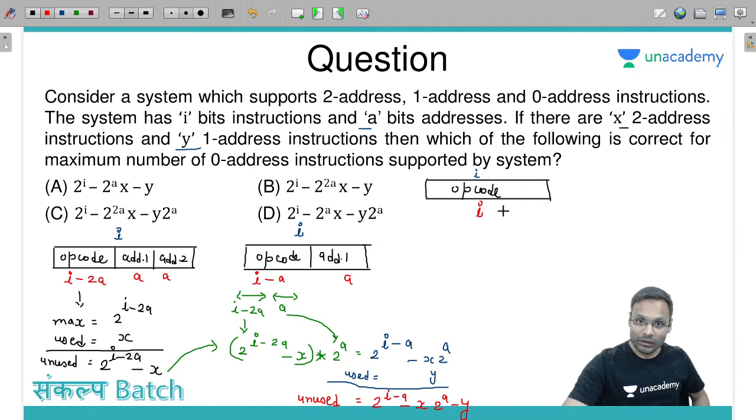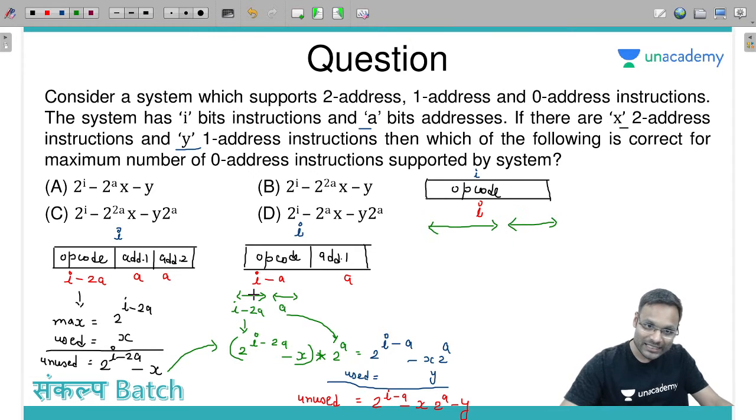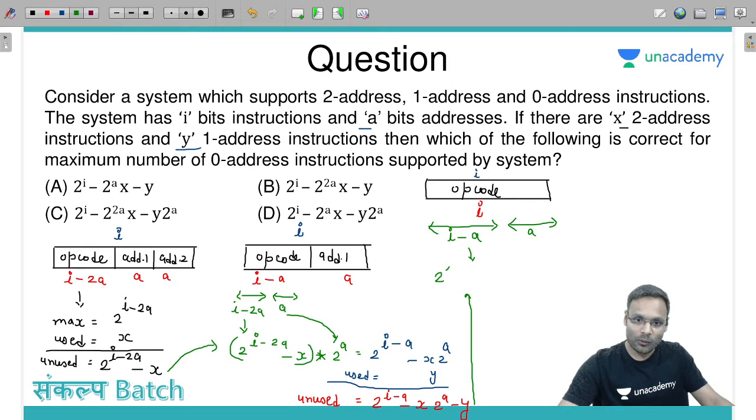Now these unused we will be using to formulate zero address instructions. For the zero address instruction, this I bits I'll have to divide into two parts. What are the previous level opcode bits? I minus a, and the remaining a. Using these I minus a bits, the unused combinations we are getting from the previous level are 2 power I minus a minus x 2 power a minus y, into 2 power a.